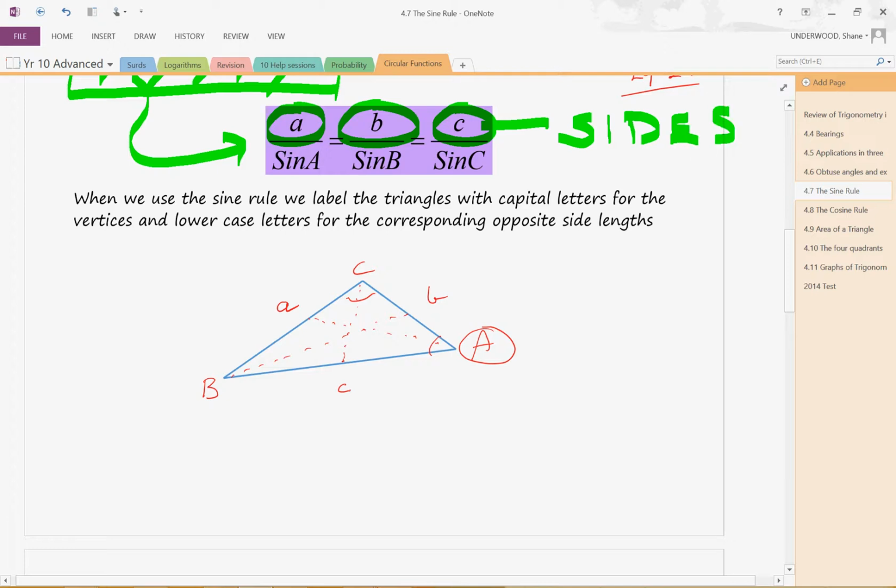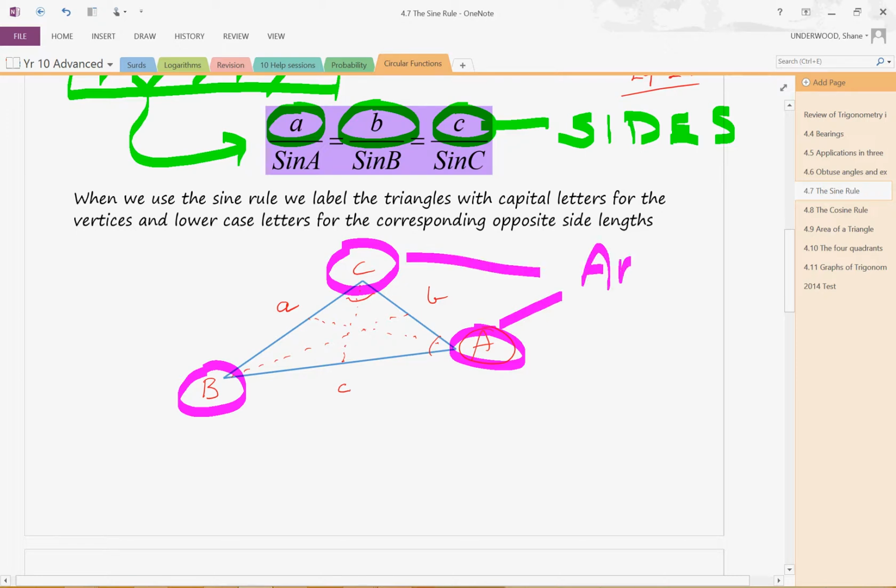And the uppercase A, B and C, these are the angles. So uppercase are angles.